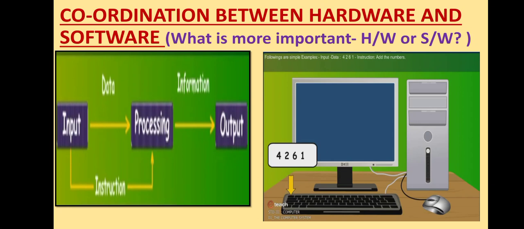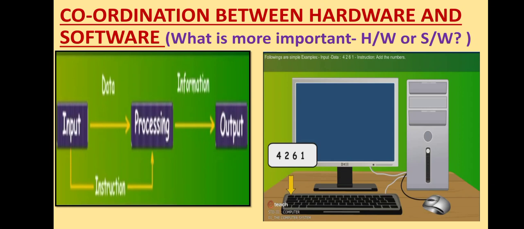Basically, a computer is a device which works on the IPO cycle. IPO means input. The user gives the input to the computer. Input can be given through various input devices.